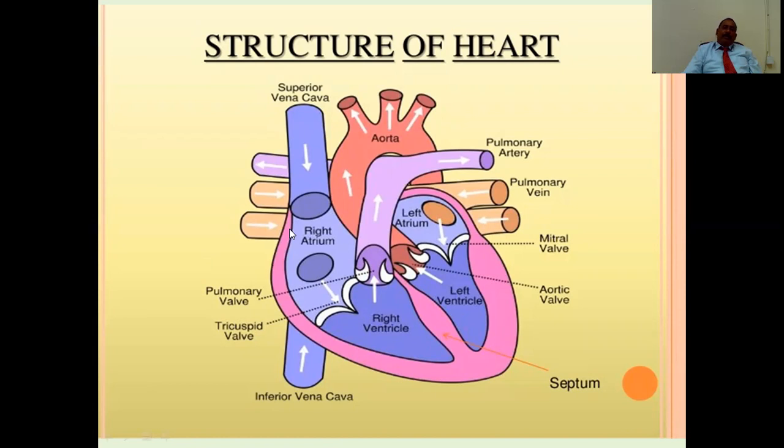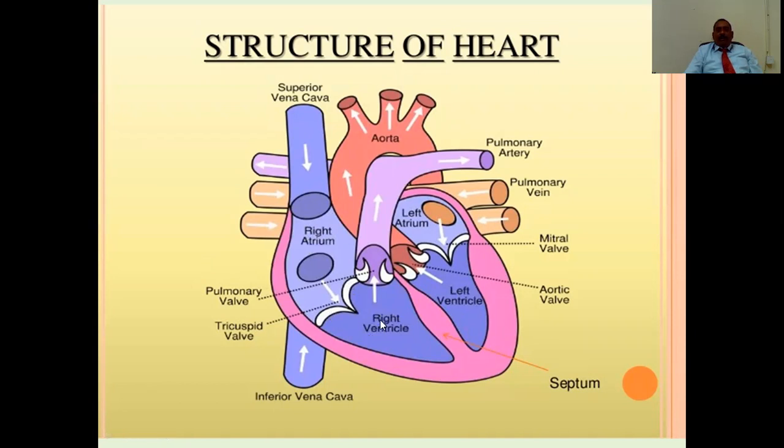Here, when the right atrium contracts, it increases the pressure inside the right atrium, and the blood is pushed from the right atrium to the right ventricle. This contraction of the right atrium is called atrial systole, right atrial systole. When blood enters the right ventricle, the ventricle will be in a state of relaxation. It will relax, and that component is called diastole.